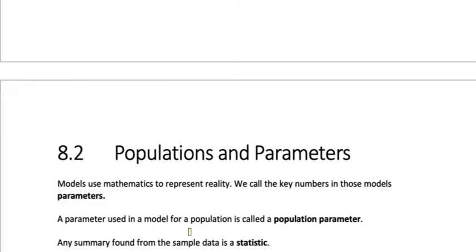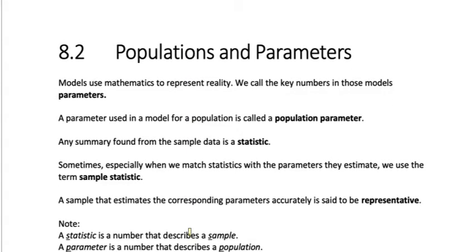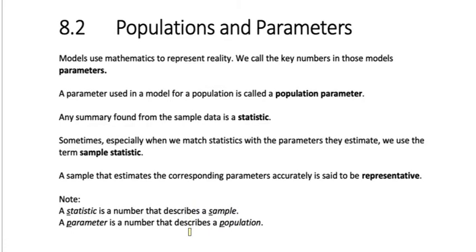So that brings us to section 8.2, populations and parameters. Parameters are used to model a population. Sometimes they're called population parameters. A statistic is a summary from sample data. So the key idea is to remember that S goes with S, statistic goes with sample, and P goes with P. Parameter goes with population.